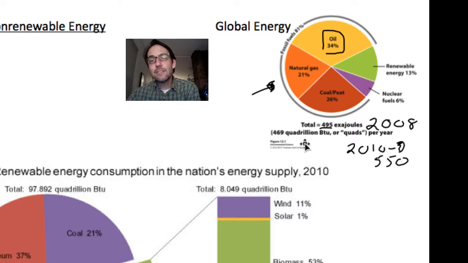In the United States, of course, we have to be different. It's measured in quadrillion BTUs, which is just a little less than an exajoule. So it's about the same, and that's also explained in the outline. We went from about 495 exajoules in 2008 up to about 550 exajoules just 2 years later.